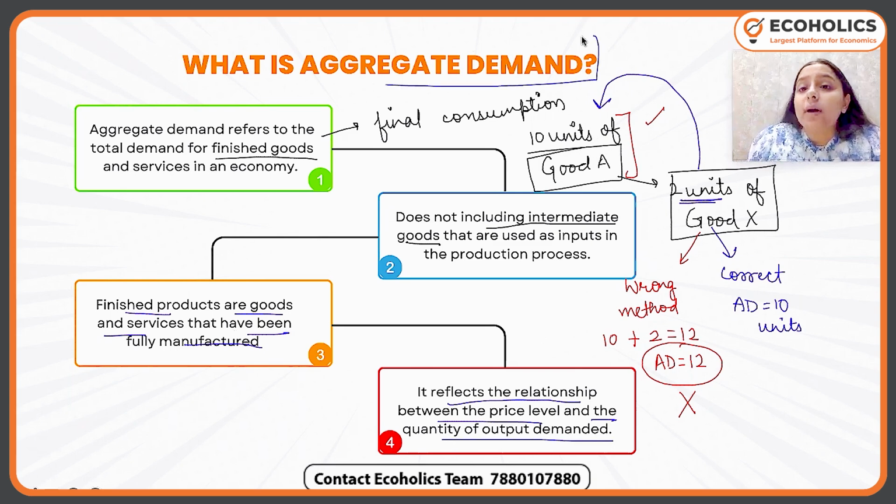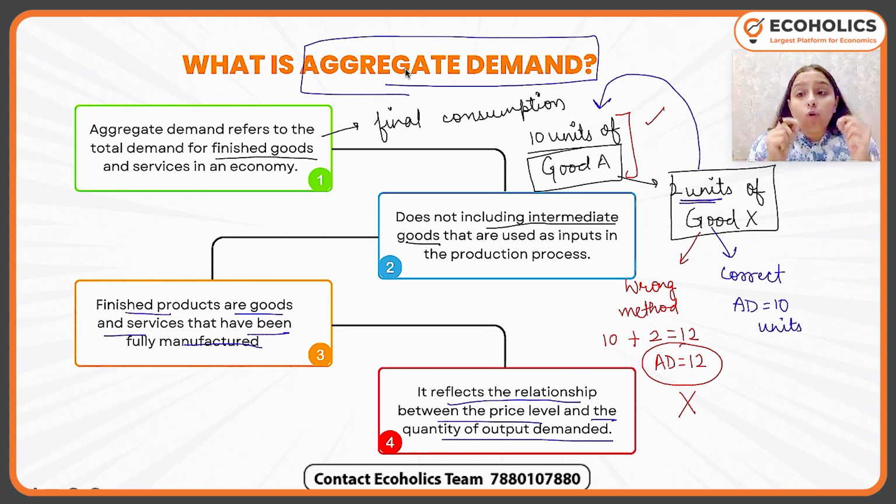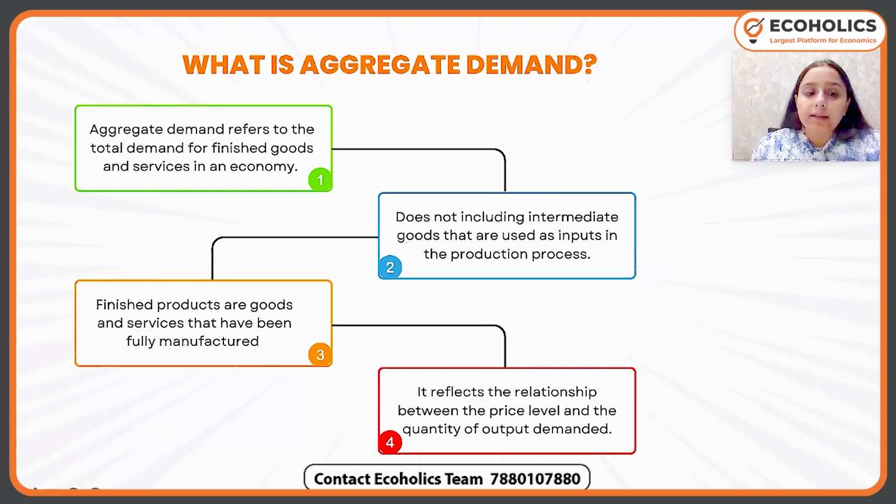So aggregate demand tells you what will be the quantity demanded at a particular price level. If the price level is 10, what is going to be the demand of the economy? If it rises to 12, what will be the demand? If the price level falls to 8, what will be the quantity demanded? All right, that is aggregate demand.